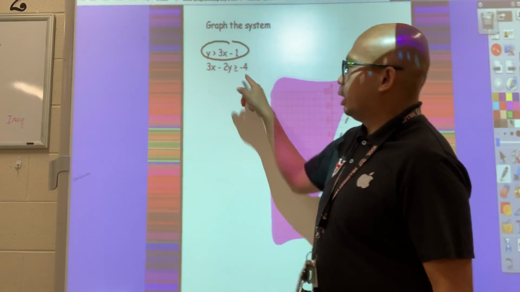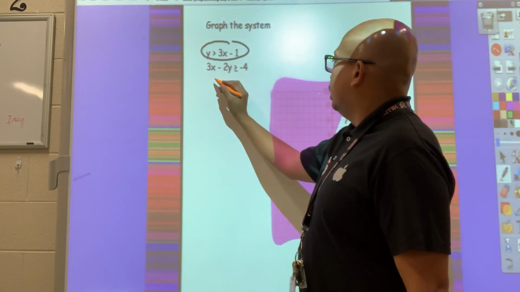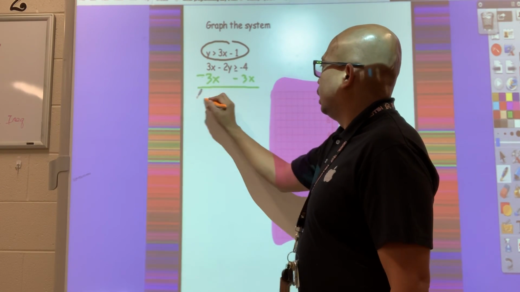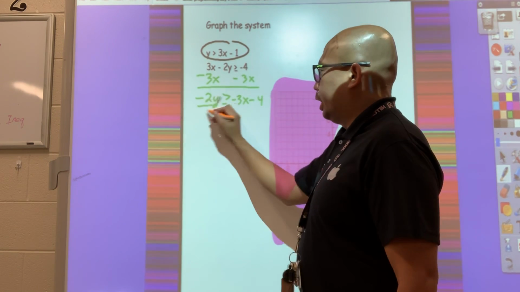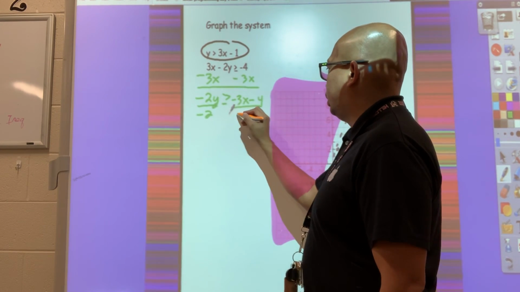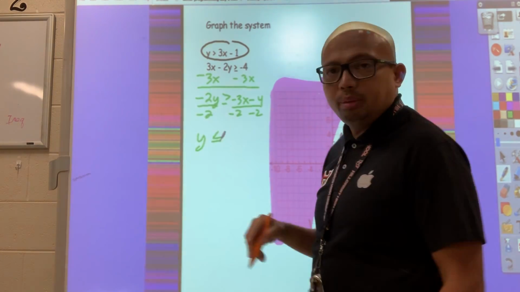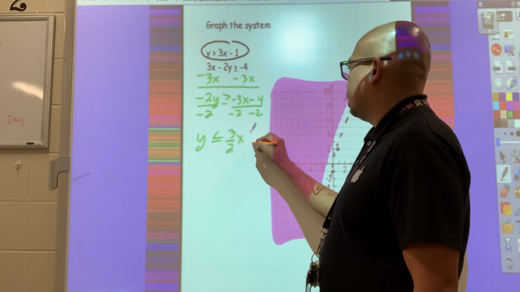And for 3x minus 2y greater than or equal to -4, you have to solve for y by subtracting 3x from both sides: -2y greater than or equal to -3x minus 4. We're going to divide by -2, and you have to flip the inequality because we divide by a negative. We have y less than or equal to (3/2)x plus 2.